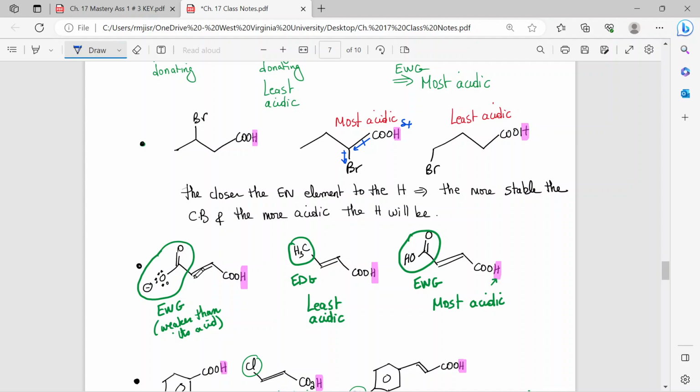This one is giving electrons by resonance. So it's still an electron withdrawing group because it's a carbonyl over here. This is partial positive, but it donates electrons as well. So if I want to compare between those two, definitely this one is going to be the more electron withdrawing group, so it's going to make this hydrogen more acidic.